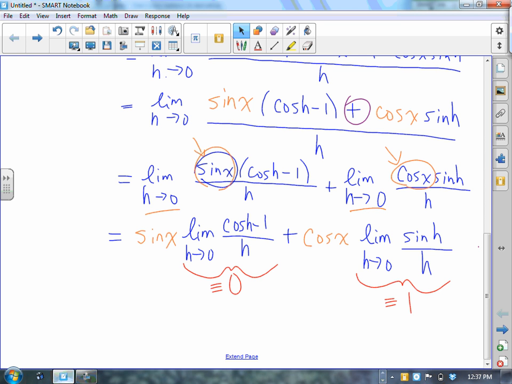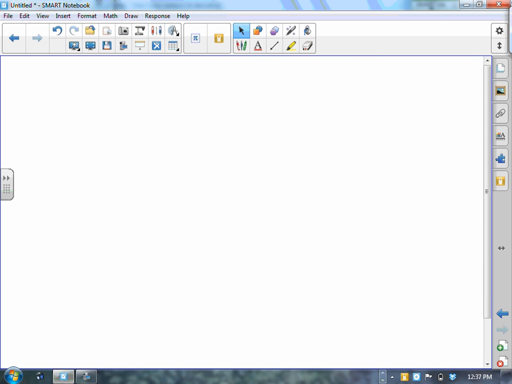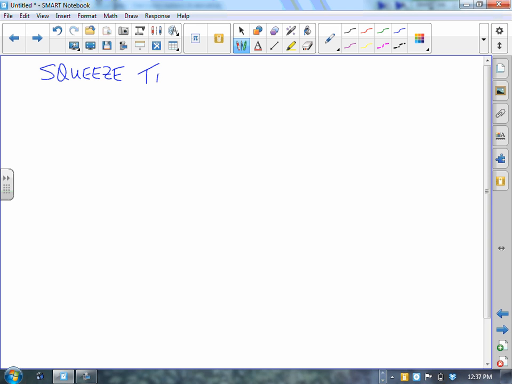Let me go ahead a page here. I'll just show you one particular idea. In essence, when you watch the video back, what the presenter is showing is something known as the Squeeze Theorem.